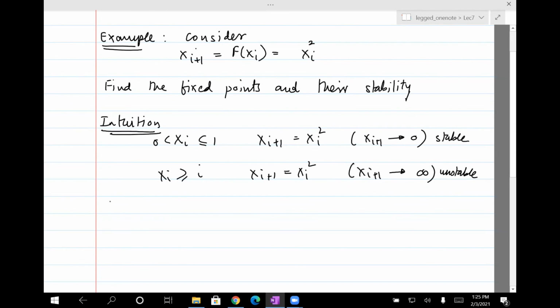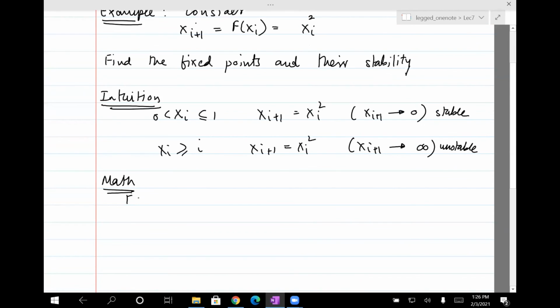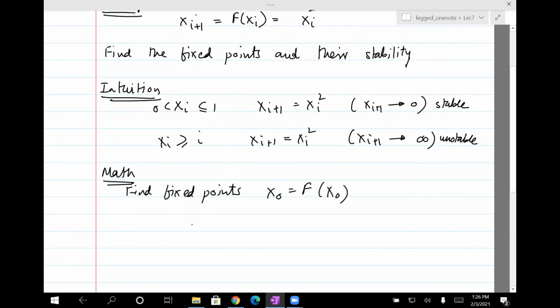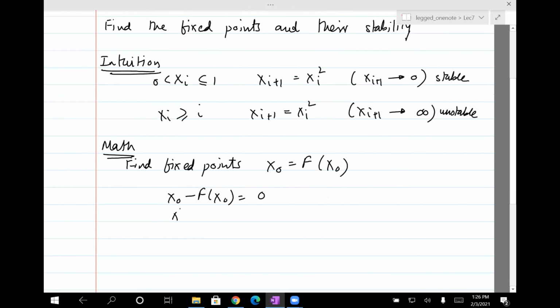Okay, so that's the intuition, here's the math. First of all, find fixed points. So what is a fixed point? Well, it's basically the solution to this particular equation: x0 is f of x0. So x0 minus f of x0 is equal to 0. We have x0 minus x0 squared equals 0.